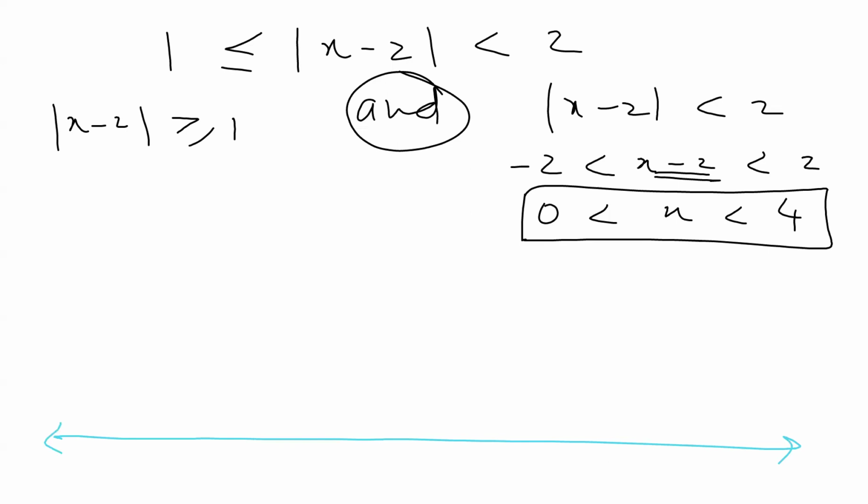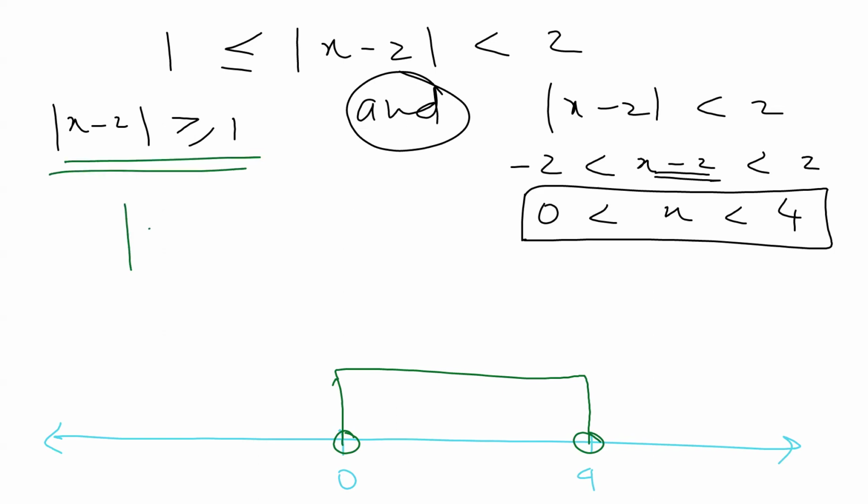Number line, okay, 0 and 4. Should I shade 0 and 4? No.